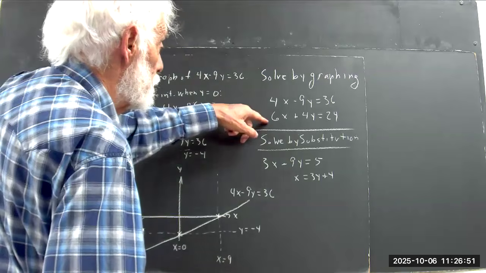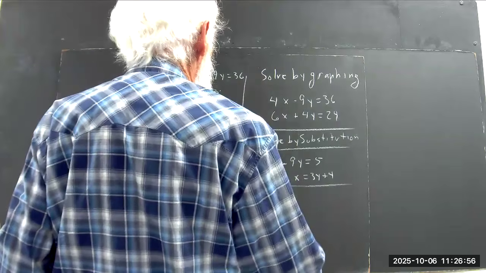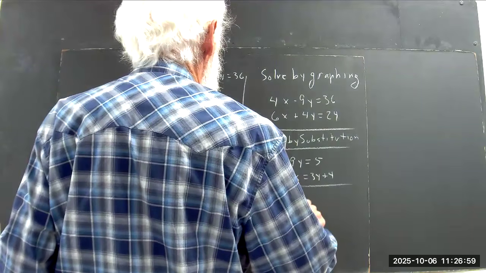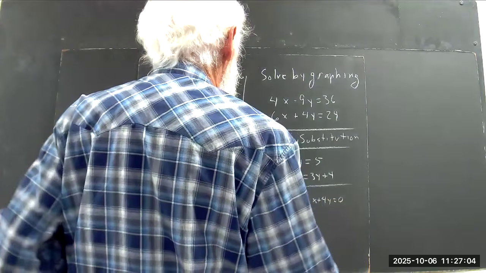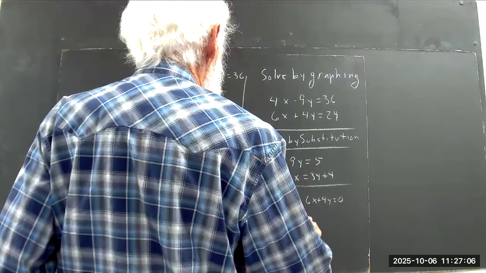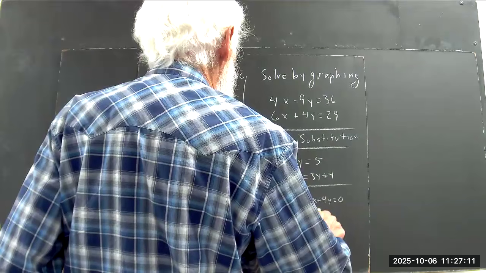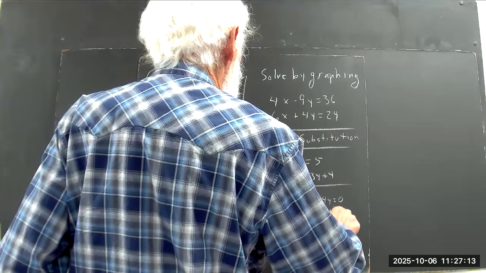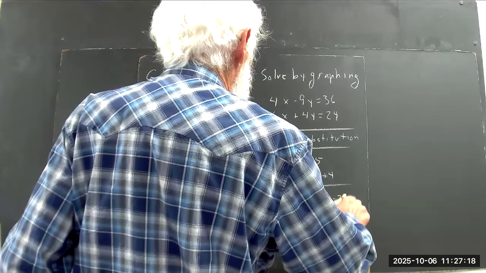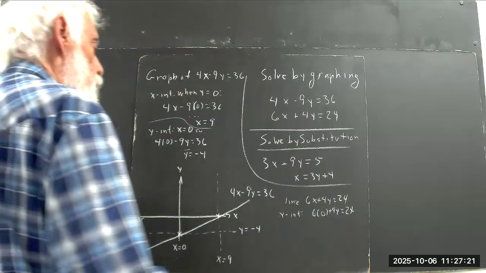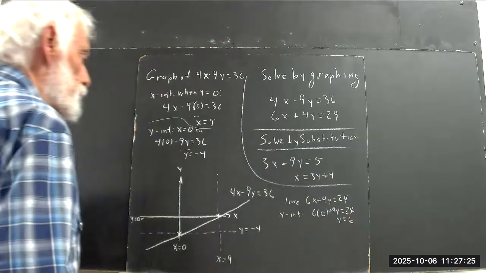Then for the second line, I'm thinking ahead to y equals 0. It's 24. Y equals 6.